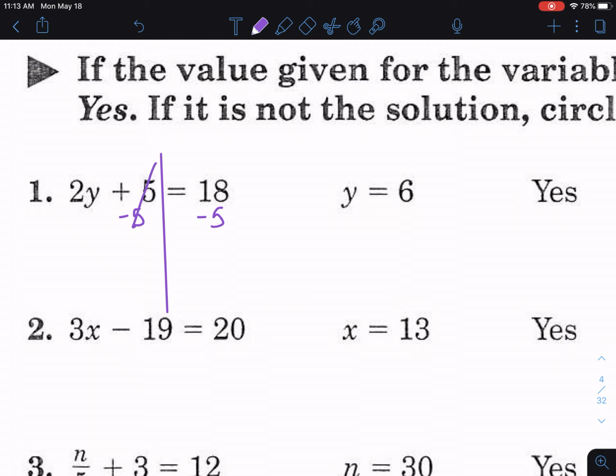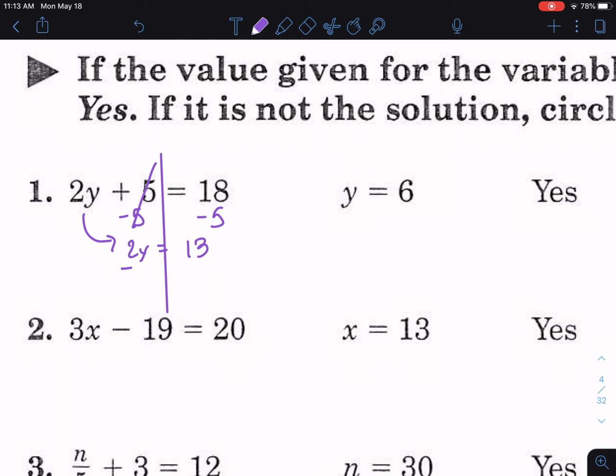So 5 minus 5 is 0. Those x out. So bring our 2y down. We have 2y and our equals. So 18 minus 5. Put that in your calculator. Is 13. Very good.